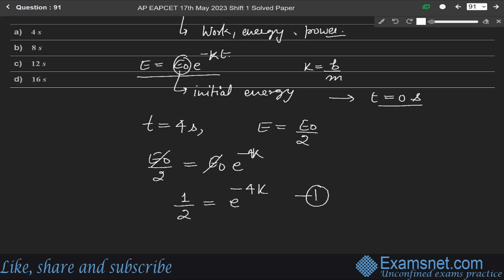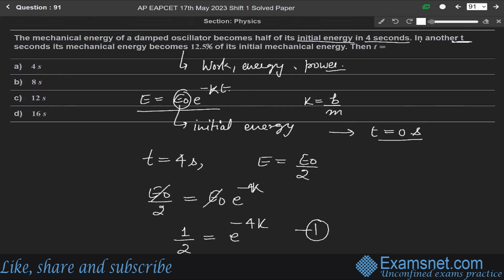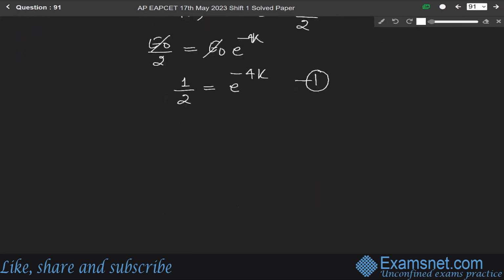Now the next statement is, in another t seconds, its mechanical energy becomes 12.5% of its initial mechanical energy. In the next t seconds means this 4 seconds plus next t. So let t dash equal 4 plus t seconds.